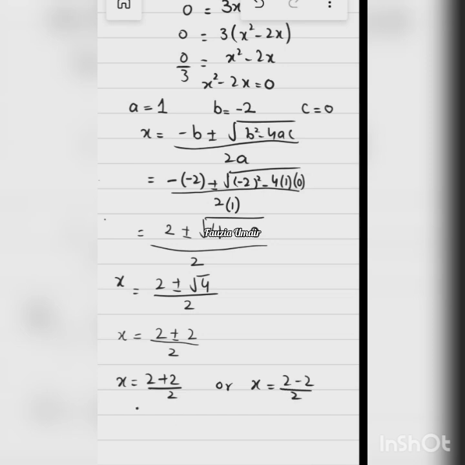If you put positive, it is 2. And if you are looking at this answer, it is 0 by 2, which is 0. Right? So solution set is 0 and 2. All right?